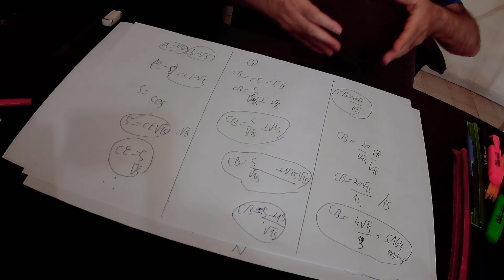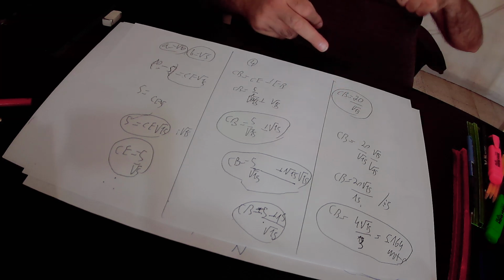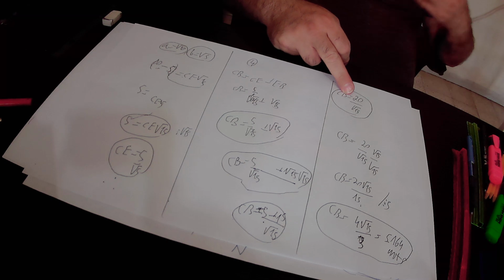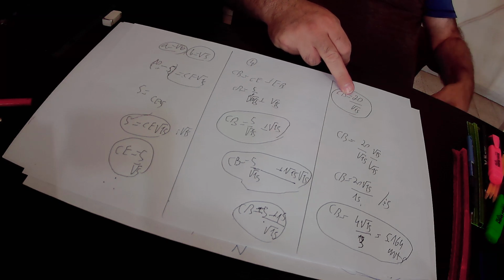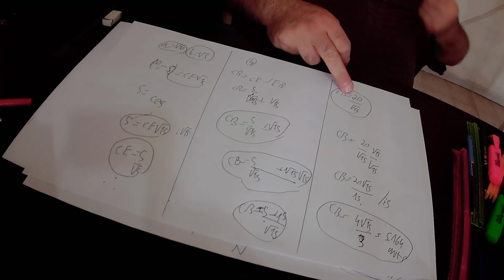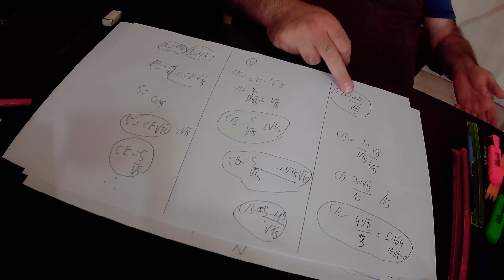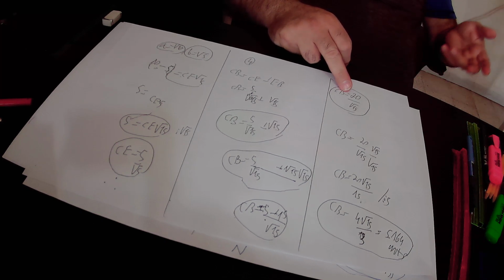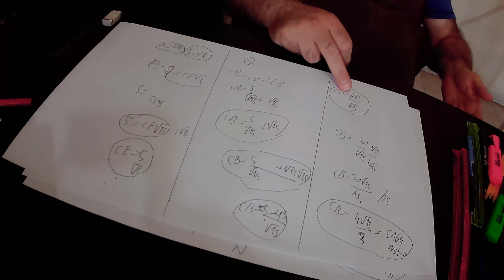But again, we don't want a square root in the denominator, so we took this expression and multiplied by square root of 15, and then divided by square root of 15. Again, square root of 15 over square root of 15 is 1, and it is allowable to multiply anything by 1. Therefore, it is allowable.